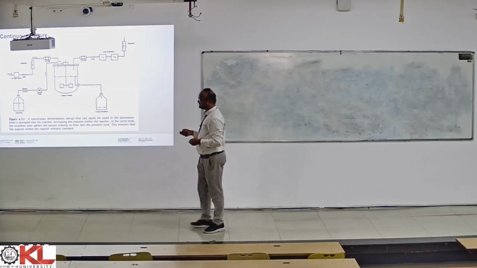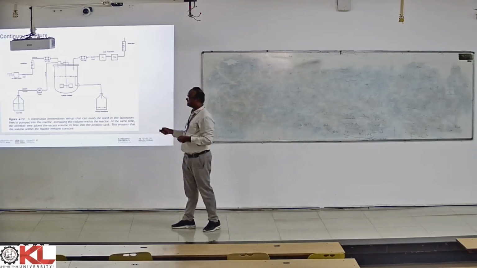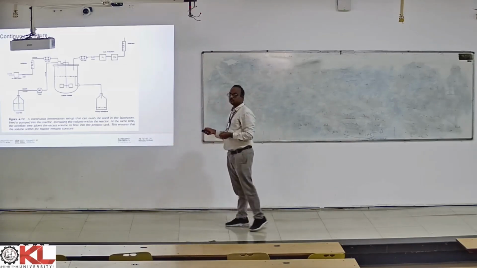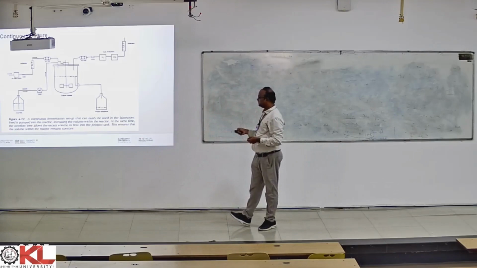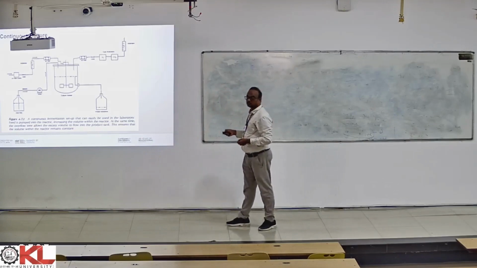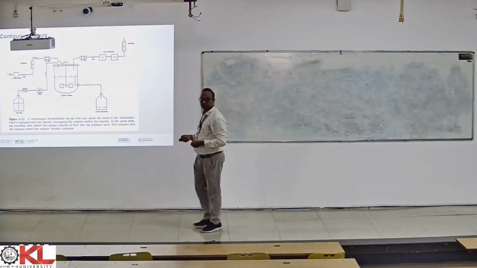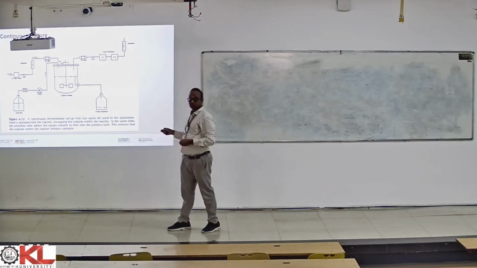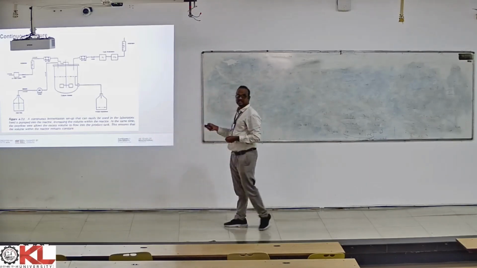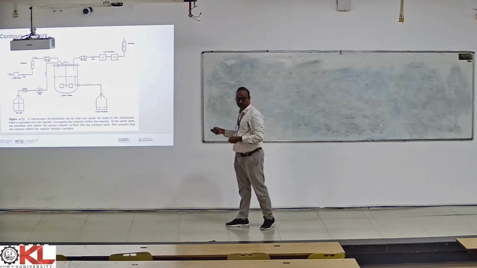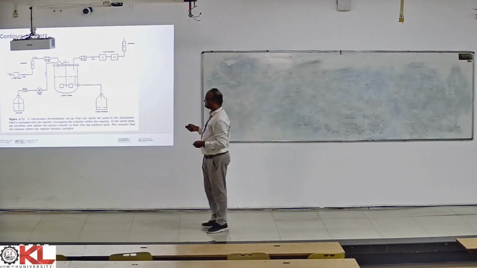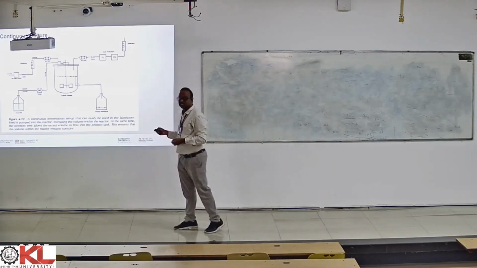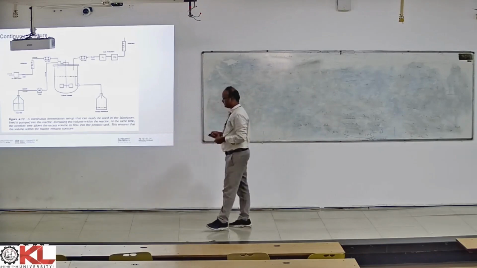The ideal condition is that the flow rate going into the bioreactor should be exactly the same as the flow rate of the product coming out from the bioreactor. The input flow rate should be exactly equivalent to the output flow rate. Only then can the culture volume be maintained constant inside the bioreactor.